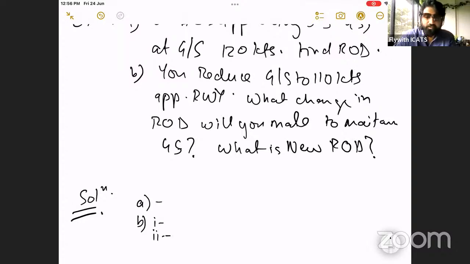Answers, quick. In one chat, you will write all three answers. For the previous question, only Hardik and Lakshya have given me answers, and Lakshya, your previous answer is incomplete. You have only given me new ROD. You have not given me change in ROD, or your actual ROD. Students, I want you all to solve everything that I'm solving.